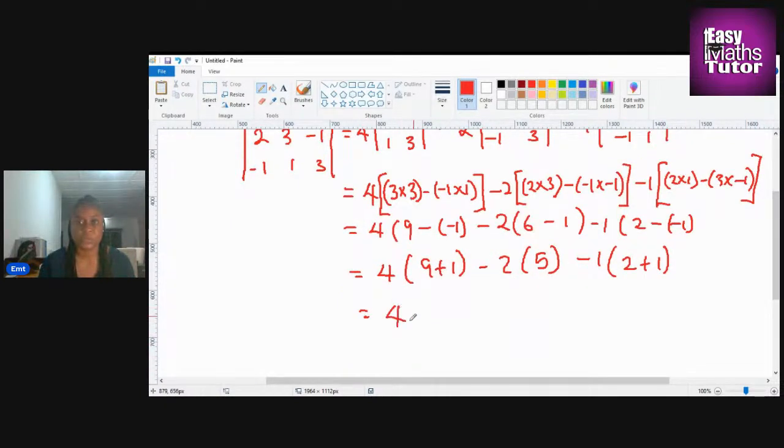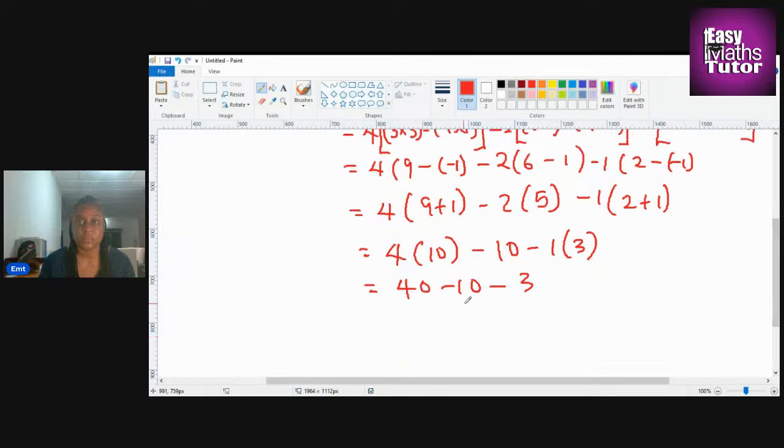We have 4, 10, minus 2 times 5 gives us 10, minus 1, 2 plus 1 gives us 3. So we have 4 times 10, 40, minus 10, minus 3. So that's 40 minus 10 is 30, 30 minus 3 is 27.